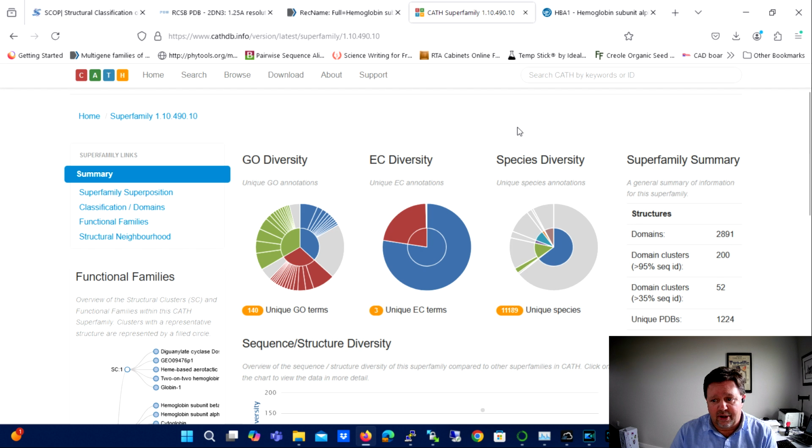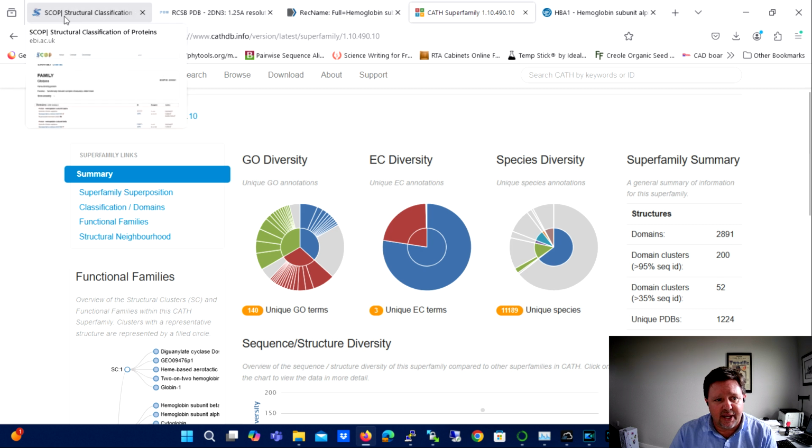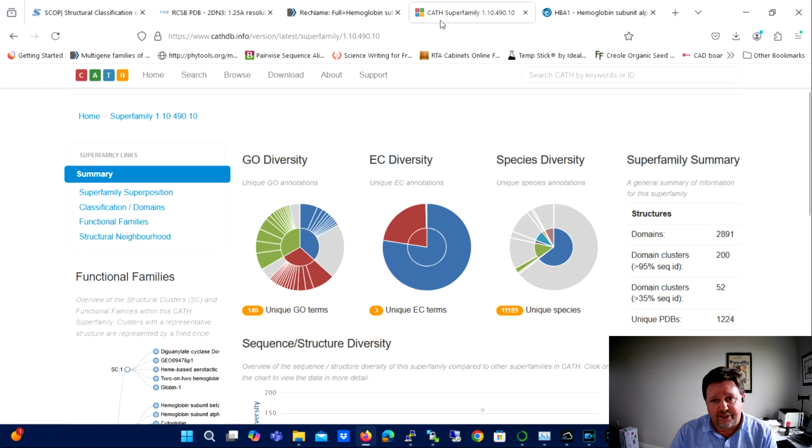Okay, so I've already explained how those can be used to work with classifiers, AI, also machine learning classifiers, the same thing. It's a type of AI. And if you design a classifier using the SCOPe data, then you can see how well it generalizes to the CATH data. And just because it doesn't generalize well, if it doesn't, does not necessarily mean that you have a bad classifier.